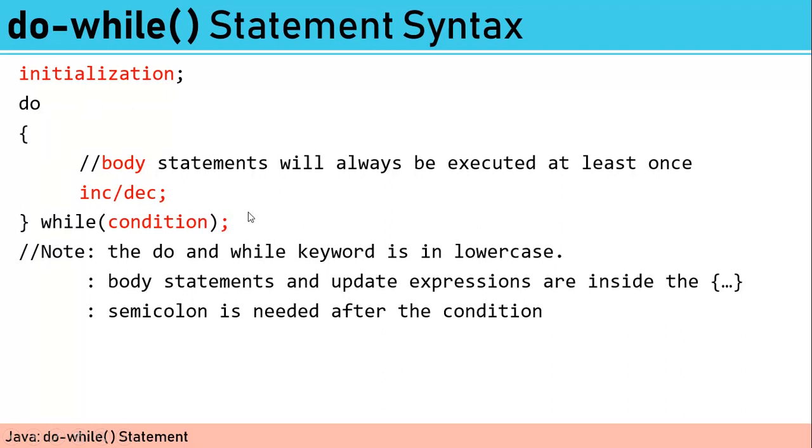But for do while, it was designed so that you need to include the semicolon, so please do not forget that. And remember, the do and the while keywords are in lowercase. So basically that's it. That's how you write the basic syntax for a do while statement.